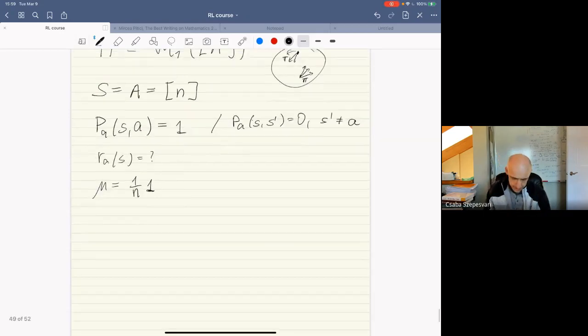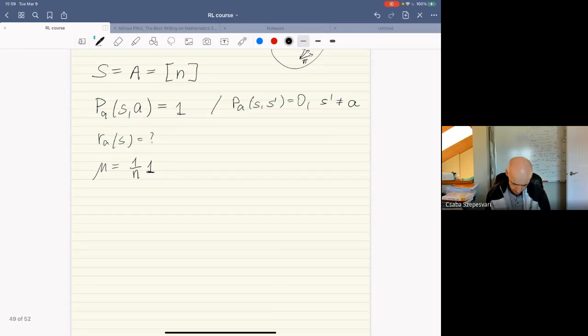So now let's see how this objective function looks. Sorry, this is one transpose. So it's mu v of pi.